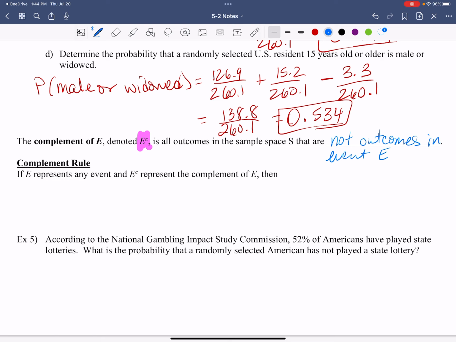So the complement rule is if E represents any event and E to the C represents a complement of E, then the probability of getting E to the C is 1 minus the probability of E. Now tell me, why do I have a 1 in there? What does that 1 represent? All of it, right? Because remember, a probability is between 0 and 1 inclusive.